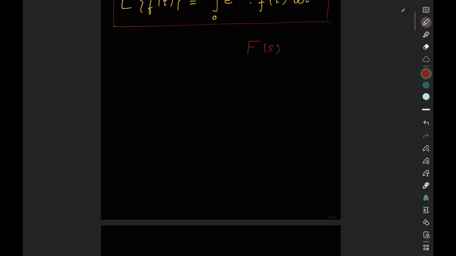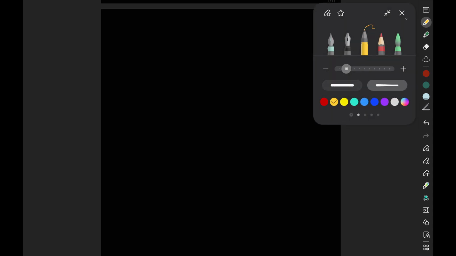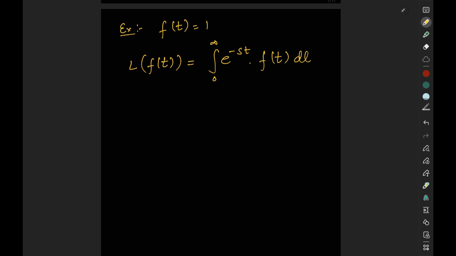Let's take some examples. Suppose we want to find the Laplace of the function f(t) equals 1. So the Laplace of f(t) will be equal to the integral from 0 to infinity of e to the power minus st into f(t) dt.